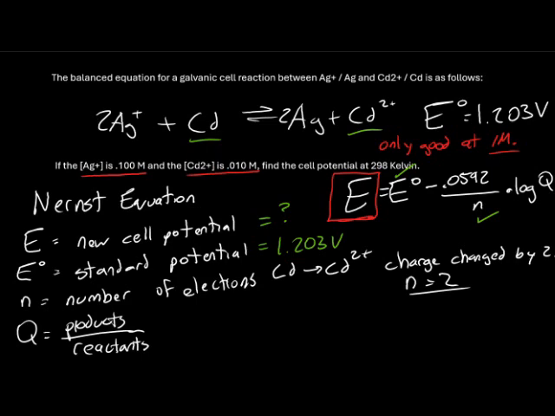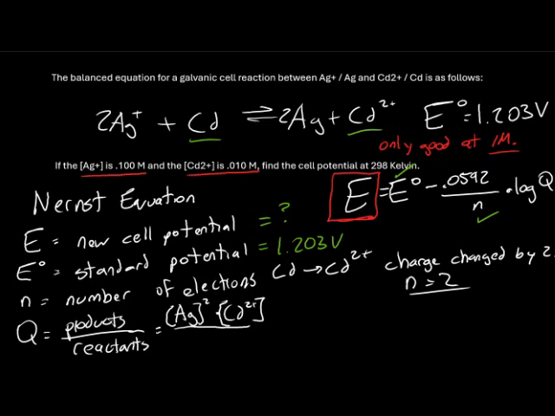Now let's find our Q. Our Q will be our products over our reactants. In our reaction above, we have 2 pieces of silver, but that silver is not charged. When we write this, we say silver with no charge raised to the second power times cadmium 2+ with no coefficient, so we don't need to write a power.